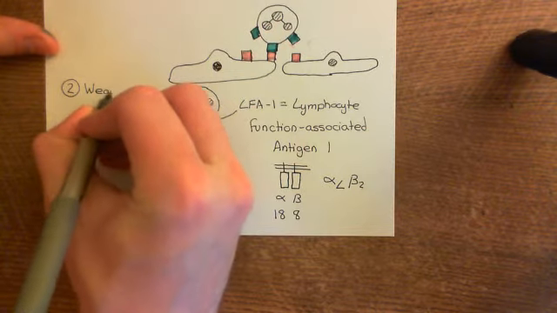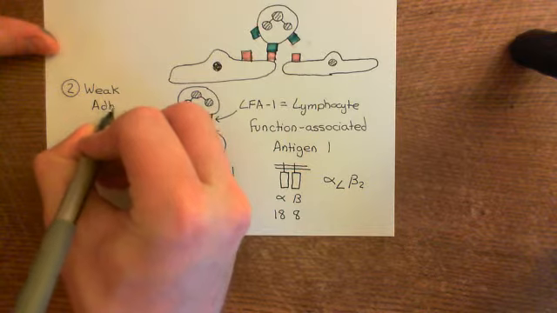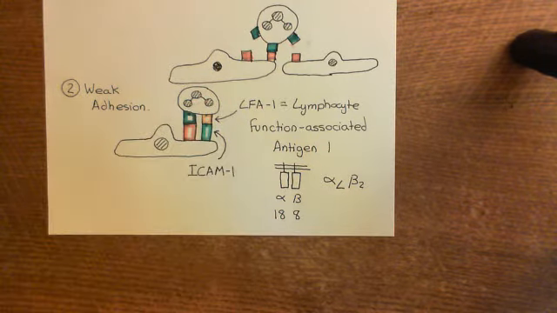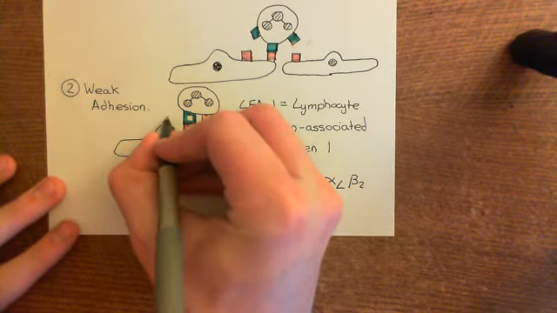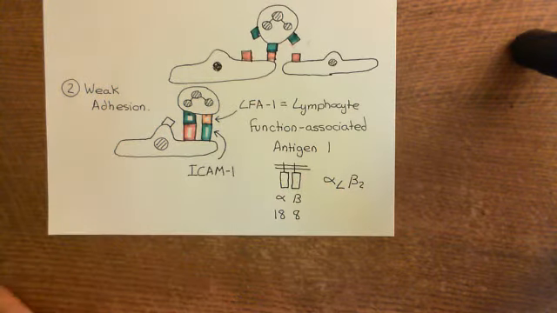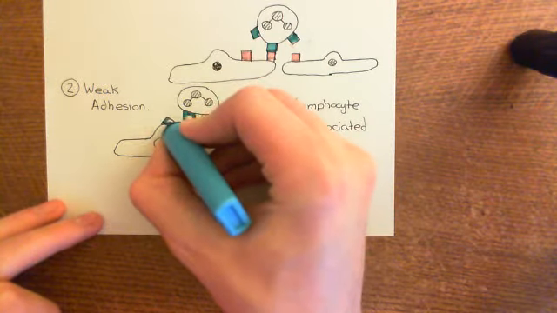Now, what's going to save the day? Well, basically you're going to get activation of that integrin on the surface of the neutrophil. What's going to happen is platelet activating factor is going to lead to the activation of that integrin. So here is platelet activating factor, which we'll draw in blue here on the surface of the endothelium.